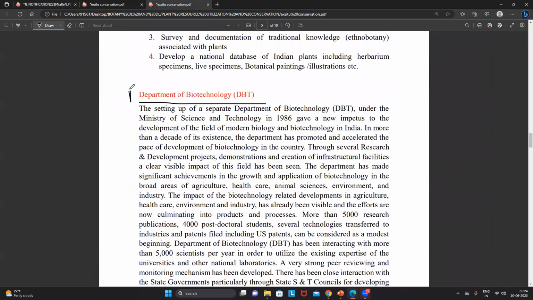First, what is the Department of Biotechnology? Every student remember, which year the Department of Biotechnology was started? Anyway, I have mentioned the entire information. And most important, who is the current director? Because from here only you will get the question. Remember, all of you, please don't confuse and don't forget.